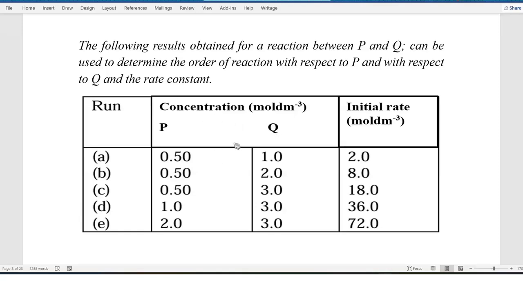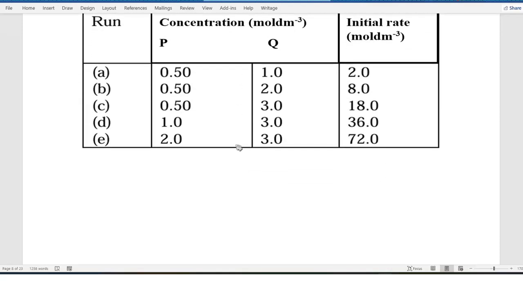So since we are talking about the two reactants, I can say P plus Q reacted to give products.